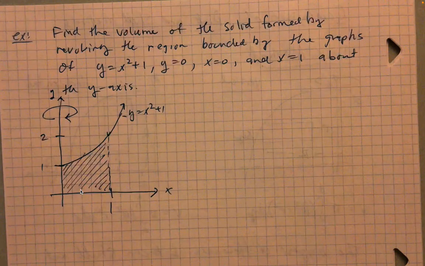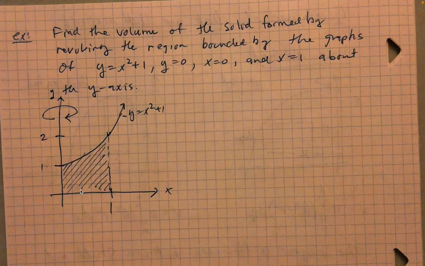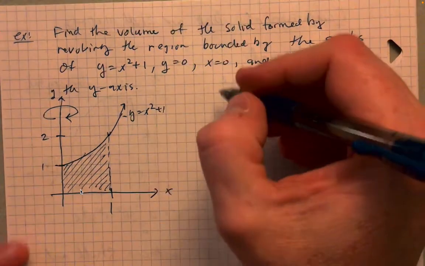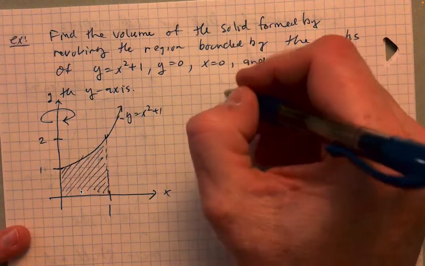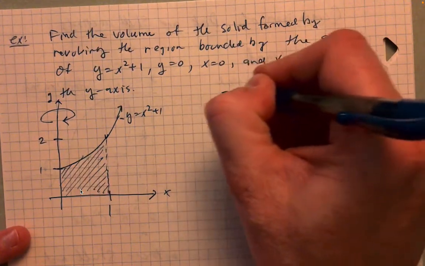All right, so when we looked at this one previously, we saw that there were two regions. Remember, with the disk method, it's all about the inner radius and the outer radius. So let's write this down here. Disk method.